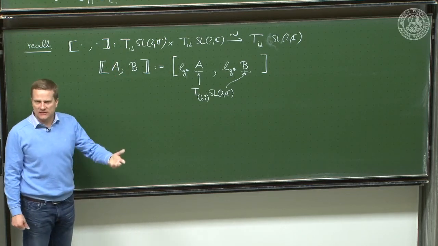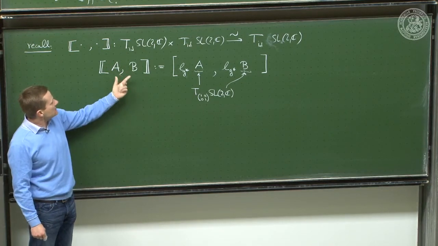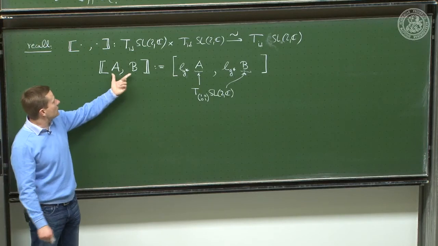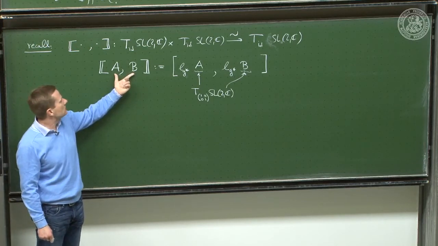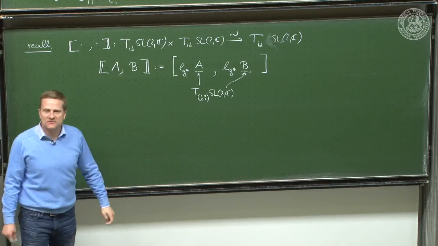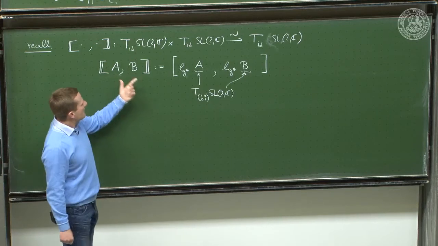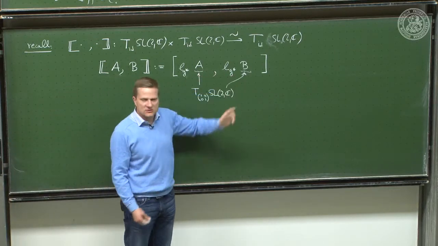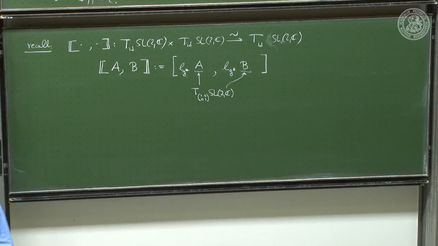Well, if I want to calculate something, I need to choose coordinates anyway. So I could use the coordinate-induced tangent vectors here at the identity. But then I push them forward to make out of them an entire vector field, and I fully determine this bracket.